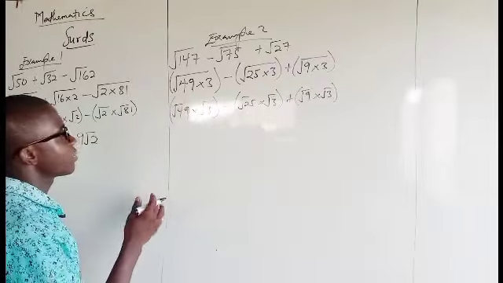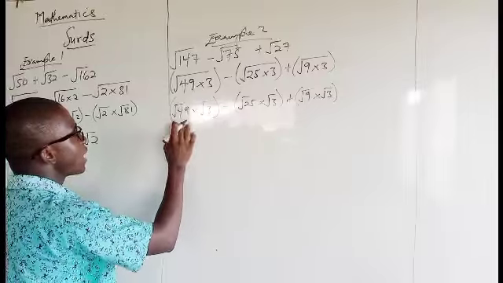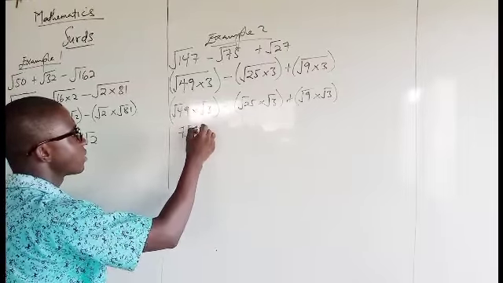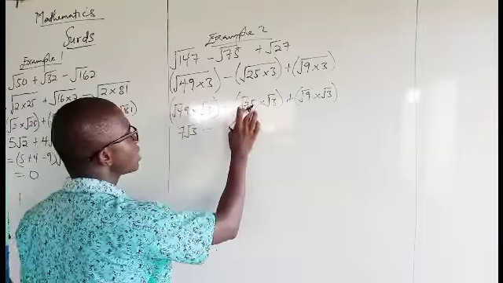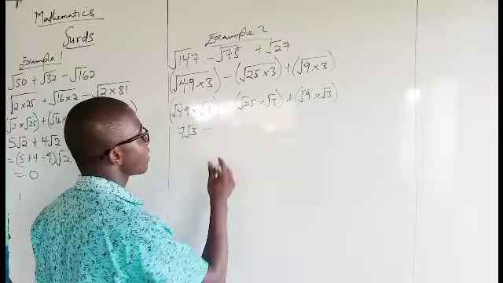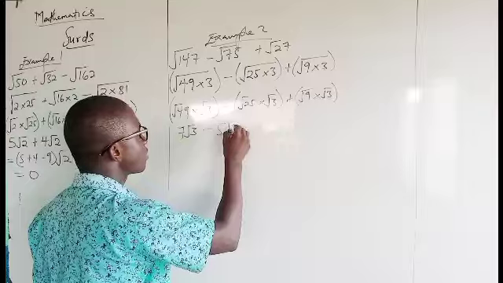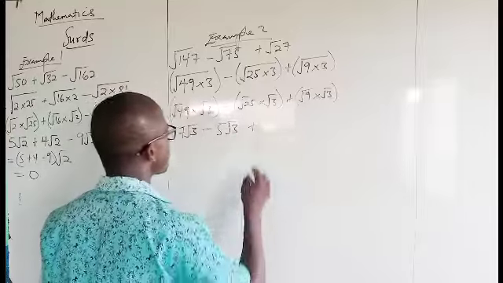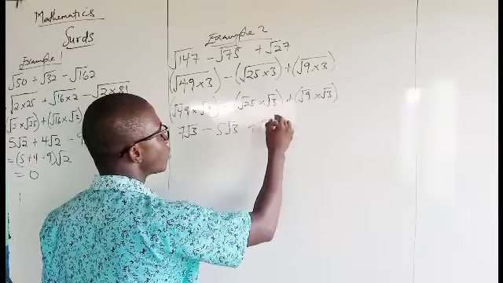Root 49 gives us 7 root 3, minus root 25 giving us 5, so 5 root 3, plus root of 9 giving us 3, so 3 root 3.